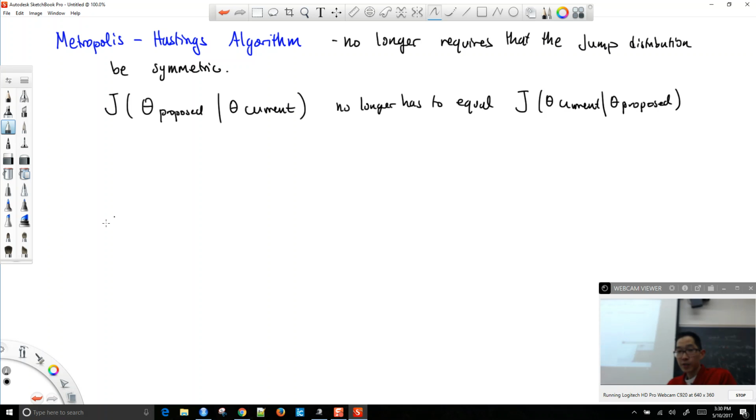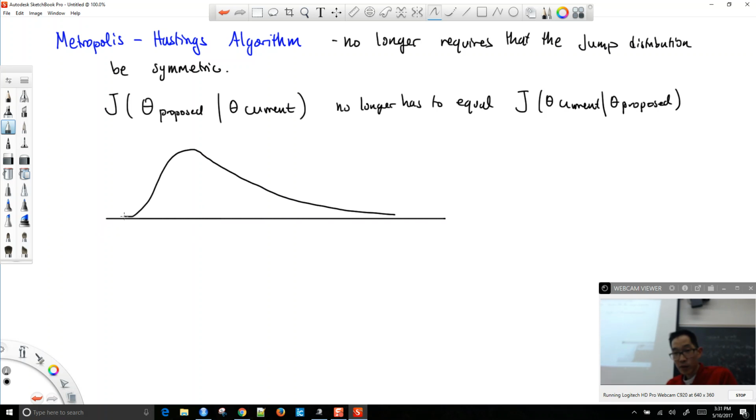For example, you could have some distribution like this, where you're at value 1, and then this is value 2. If we start here, what's the probability of proposing this?